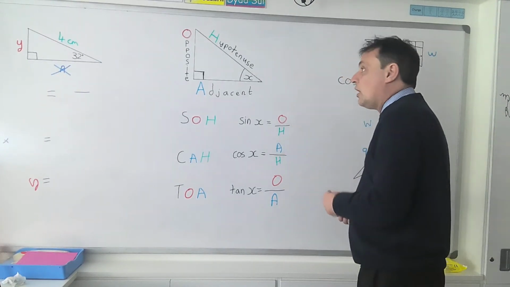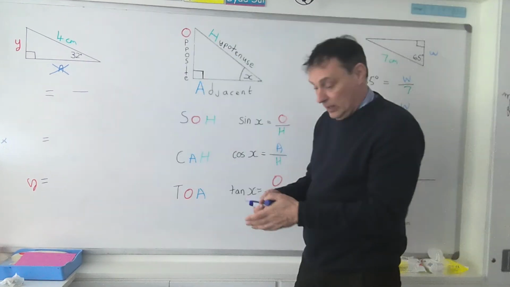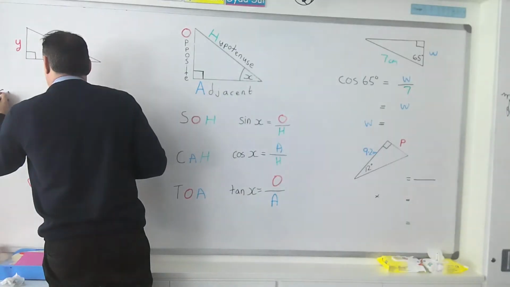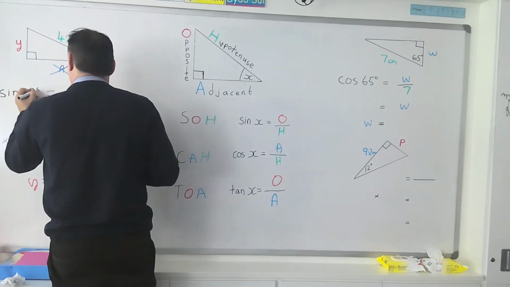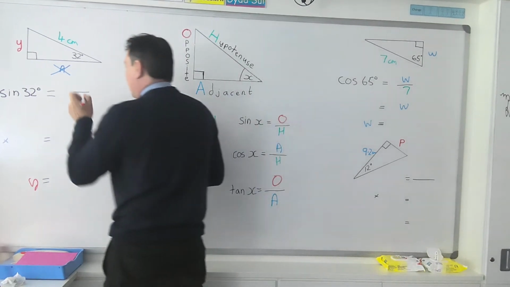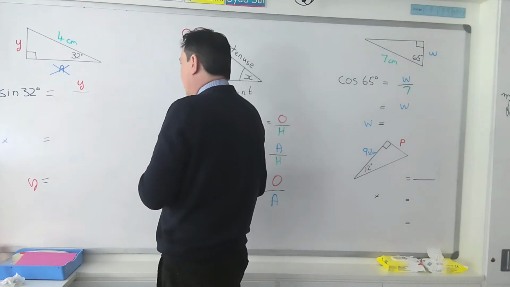So what we're going to do is substitute the information of the triangle into that formula. So sine 32 degrees is going to be equal to y, because the y is displayed there, divided by 4.